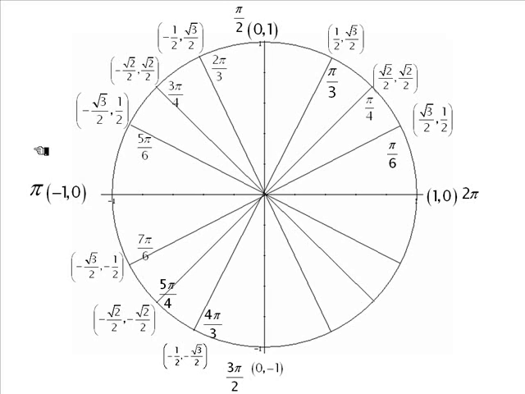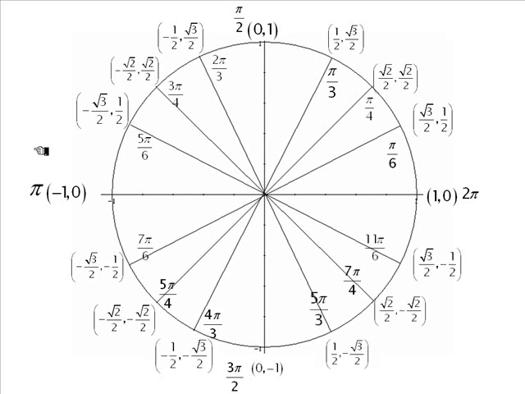So the cosine of 7 pi over 6 is negative root 3 over 2. The sine of 7 pi over 6 is negative 1/2. And then 5 pi over 4, negative root 2 over 2, and then negative root 2 over 2. They're the same as always. And 4 pi over 3, that pi over 3 or 60-degree reference angle, negative 1/2 comma negative root 3 over 2.